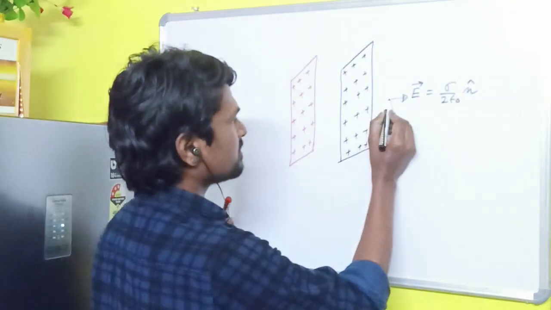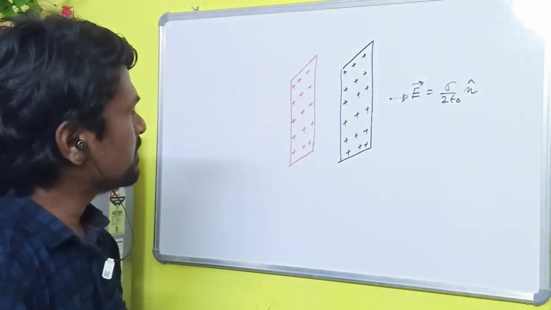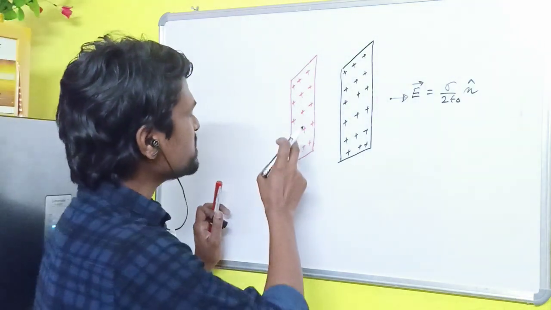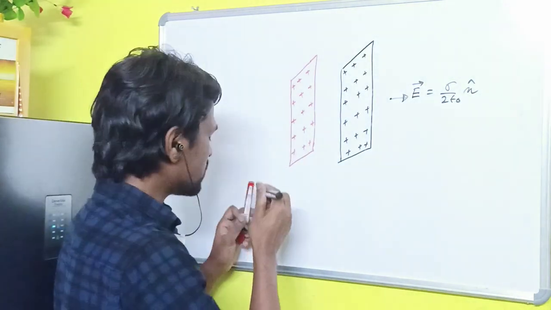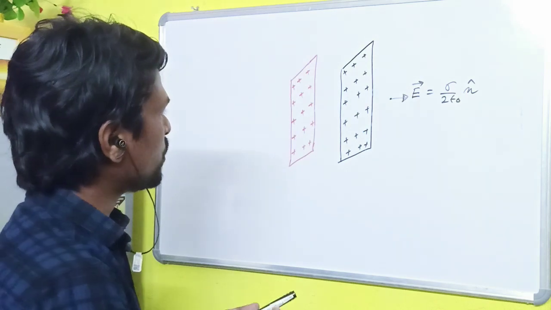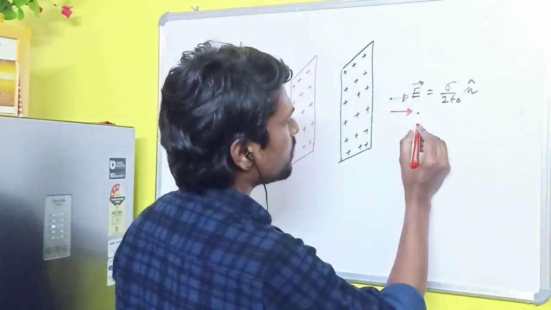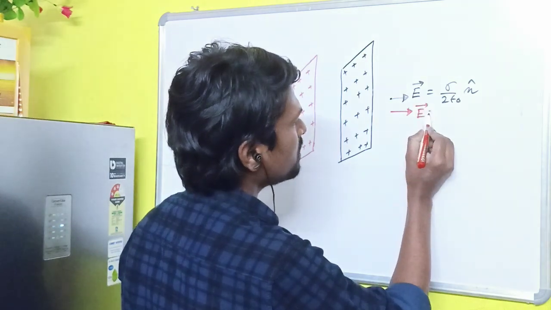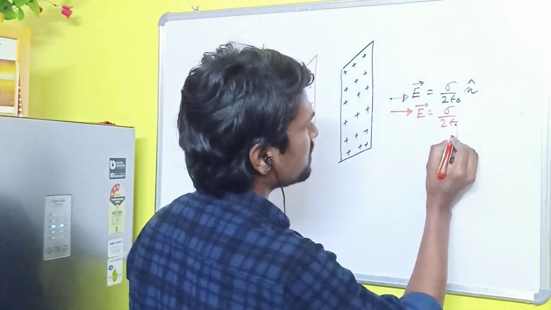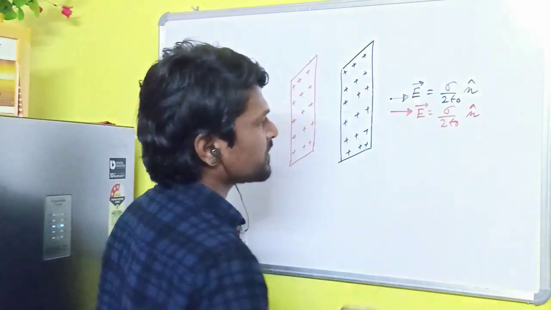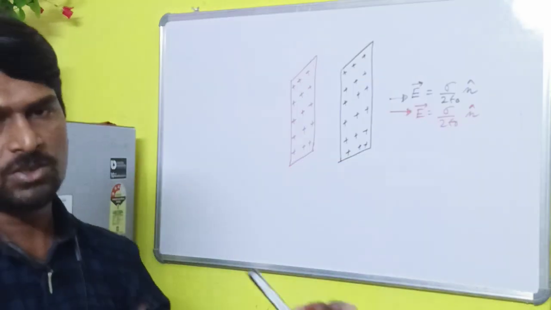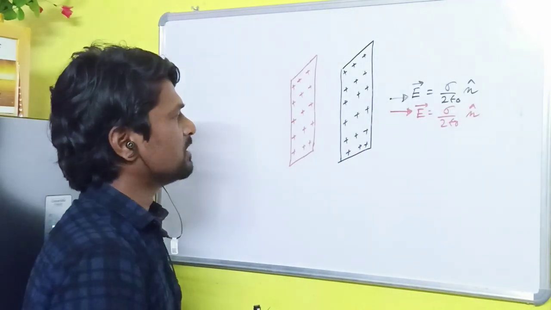For the other one, it is also sigma by 2 epsilon naught, and E vector is along n cap, since the electric field is not a function of r.